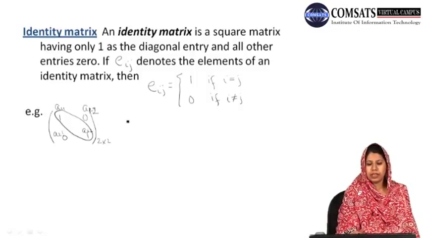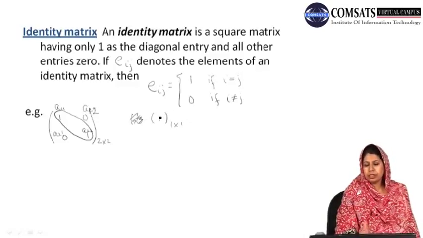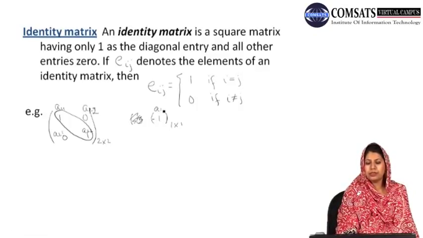Okay, for example, if we consider this matrix, this is a row matrix, a column matrix and a square matrix of order 1 by 1, and in this matrix we have only one diagonal entry A11 which is 1.